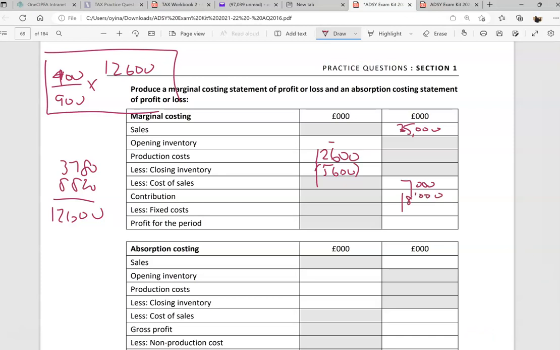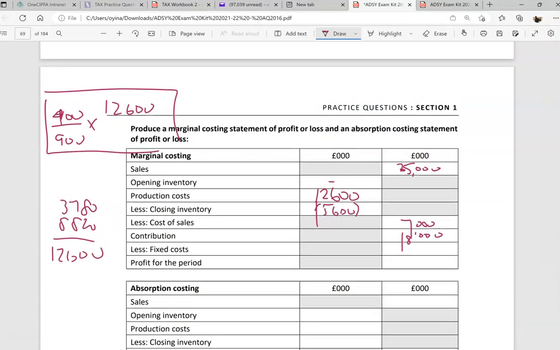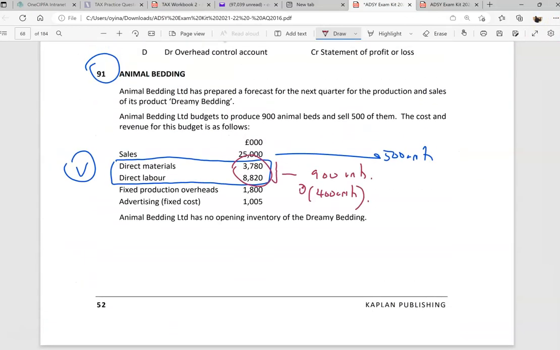Well, let's look at your fixed costs. So your fixed costs for the period are given to us here. We have the fixed production costs, the overheads, so that's 1,800 plus 1,005, and that gives us 2,805.